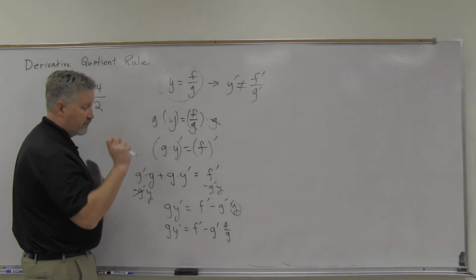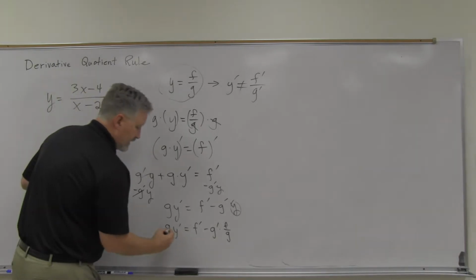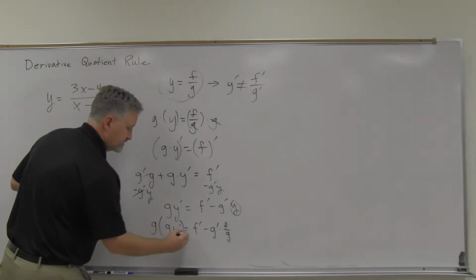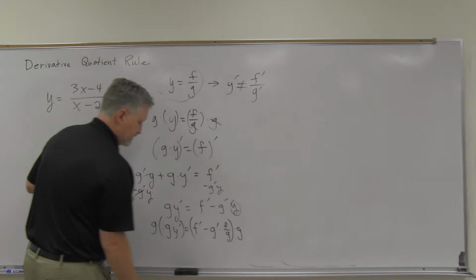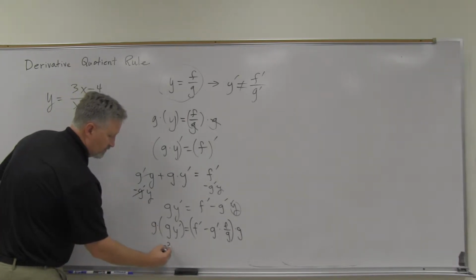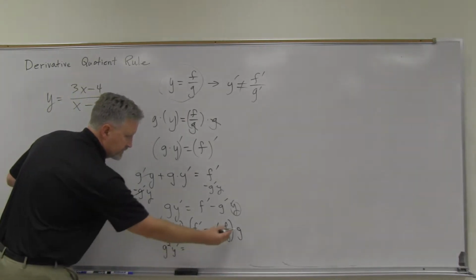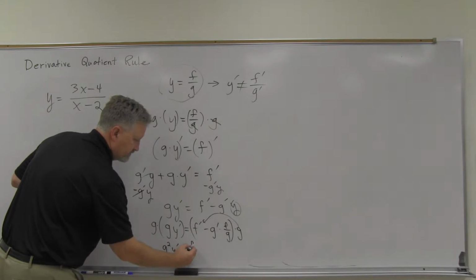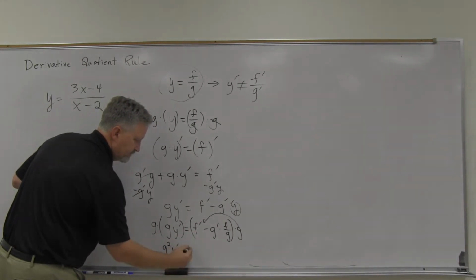Let me get it to the form that we really want. Let me multiply both sides by g next. That makes g squared y prime equals, so I distribute, g times f prime.